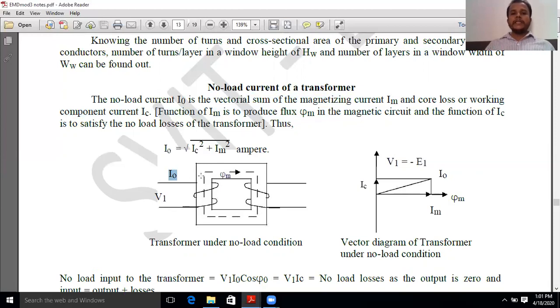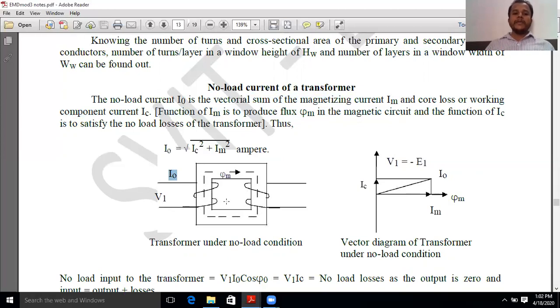IM is the magnetizing current, which mainly produces the flux in the transformer core. IC is the core loss or working component. This IC compensates the core losses in the transformer. So I naught is the total sum of IC and IM.